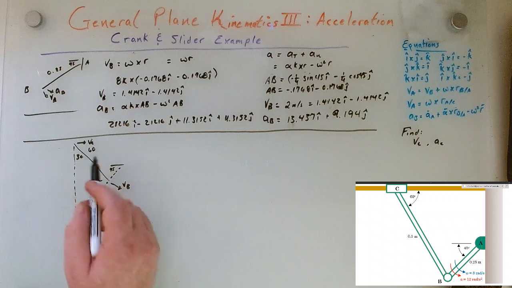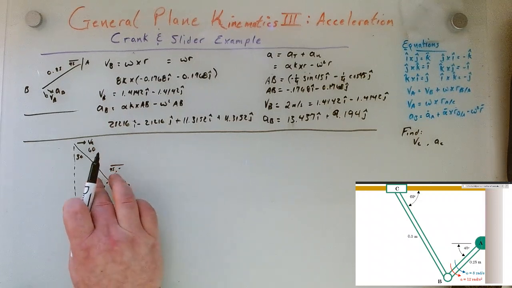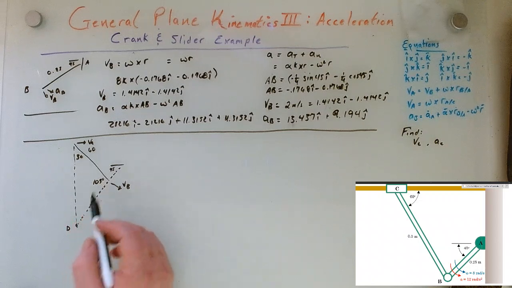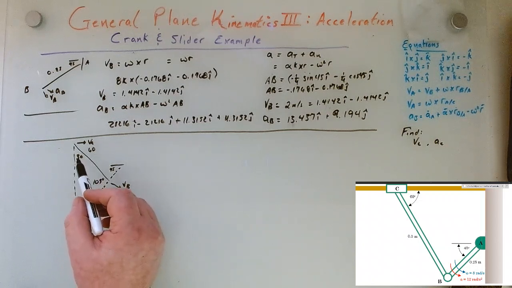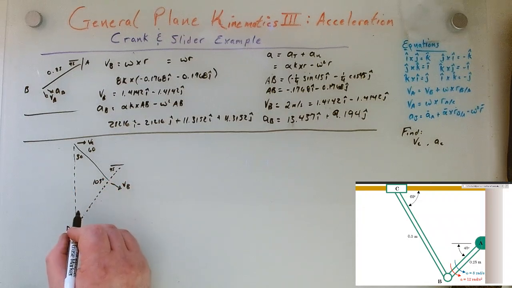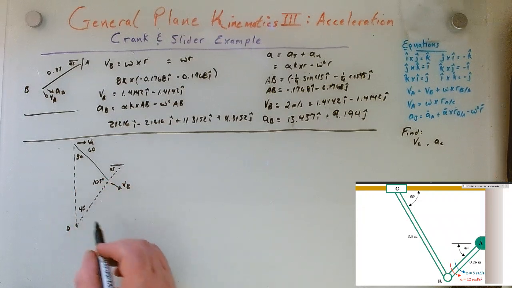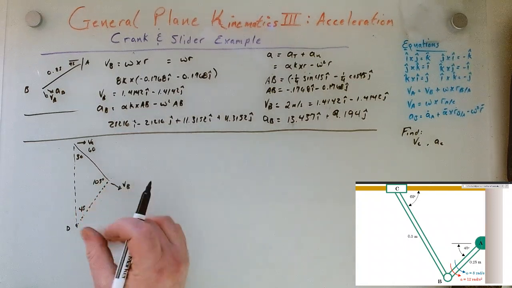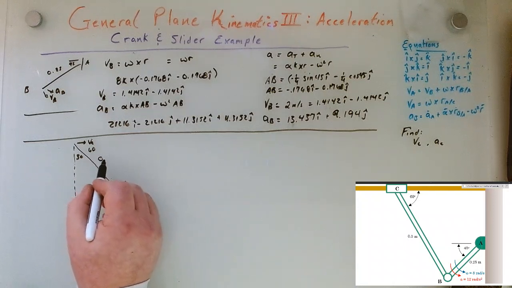So 45 plus 60 is 105 degrees. And 105 plus 30 is 135, making this a 45 degree angle. Now we know the length of this is 0.5.